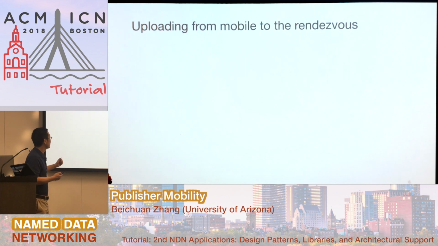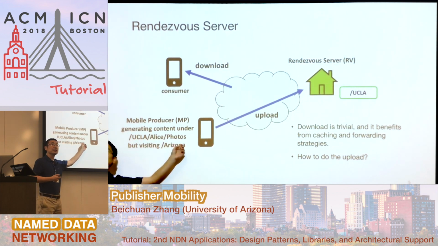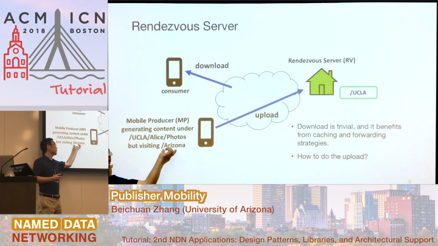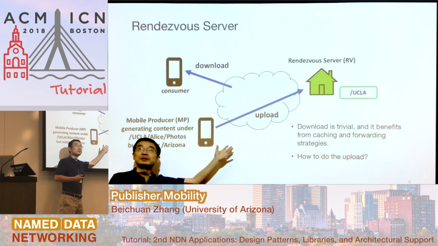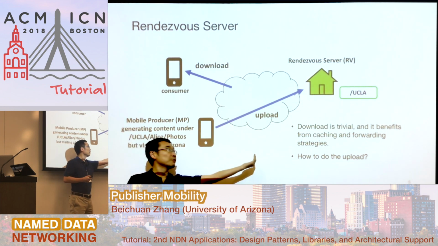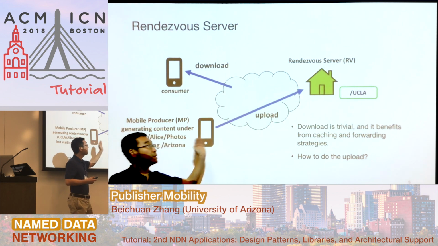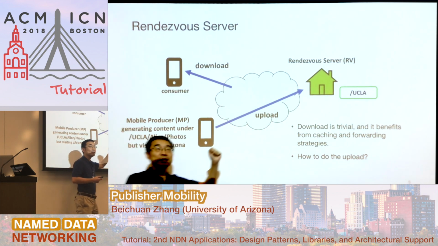So in the previous case, this mobile is publishing data under this prefix, but it currently is at Arizona. So the routing system knows if there's any interest for Arizona, it's going to forward this way. But if there's any interest for UCLA, it will forward that way.